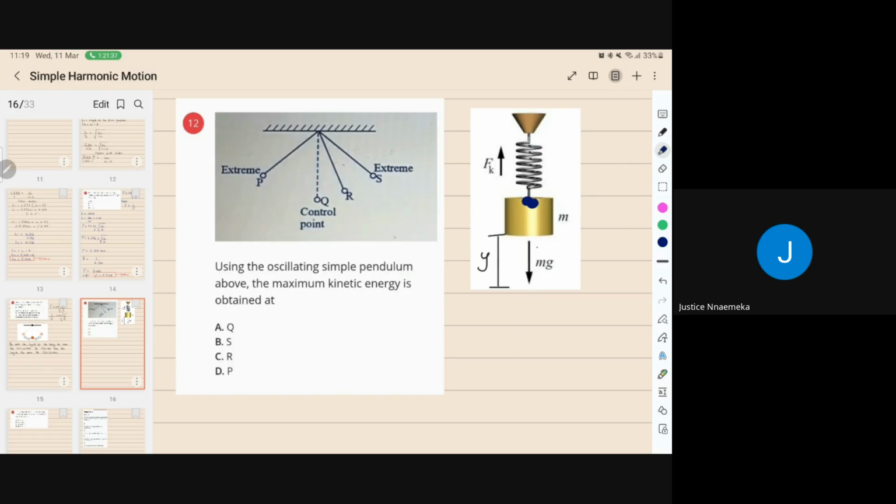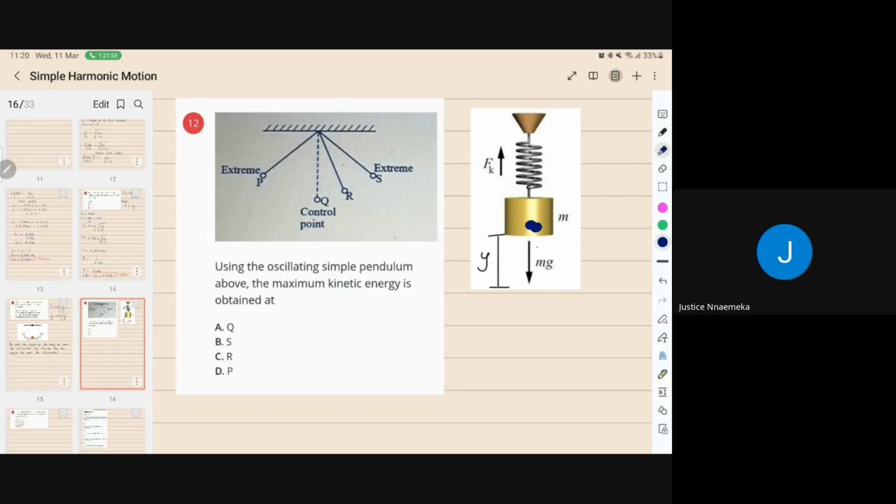So it's going to have more speed as it's coming down. At the maximum, the velocity there is 0. At the extreme point, based on this diagram, velocity is 0.